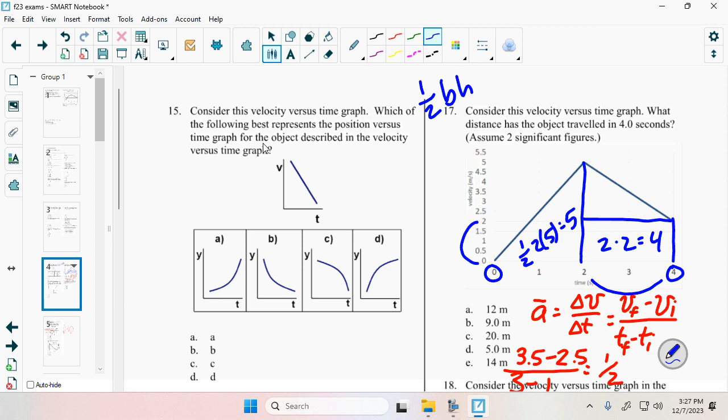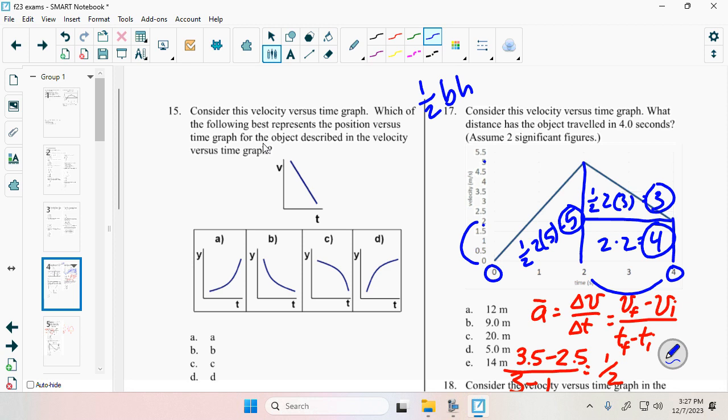And then this other triangle has a base of 2, so that's 1/2 of 2, and a height of 2 to 5, or 3, so that's half of 3. And then I add these three numbers together. 5 plus 4 plus 3 is 12. So A is the right answer.